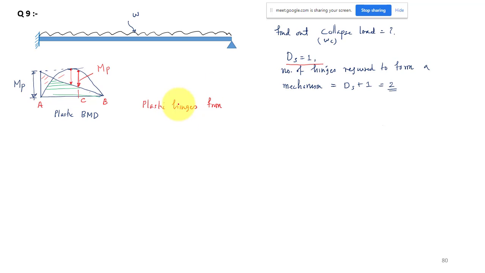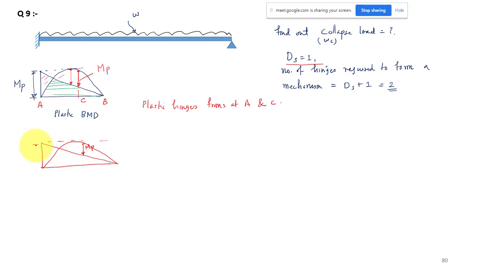So here you can say that plastic hinges form at A and C. Okay, A and C. So one maximum moment is here, it is MB, and another one is this one, MB.